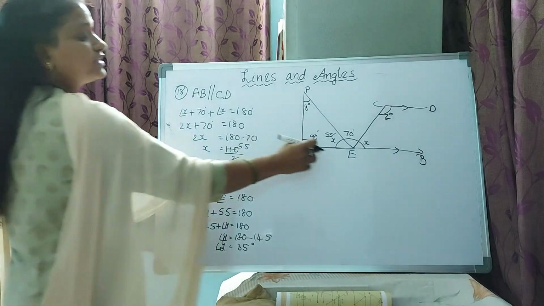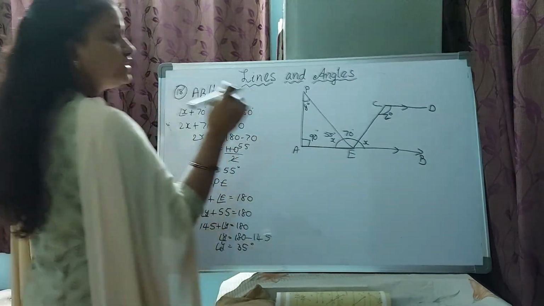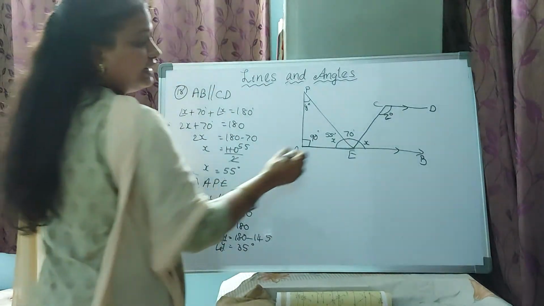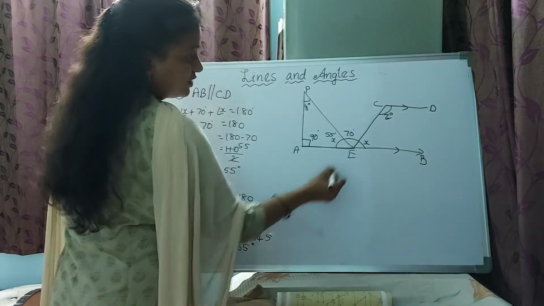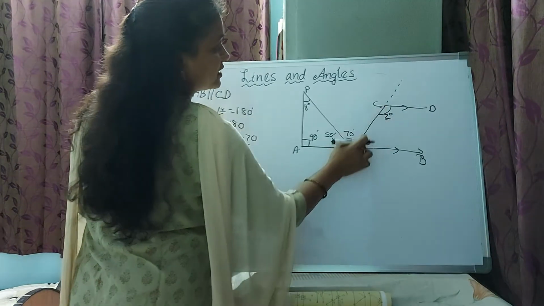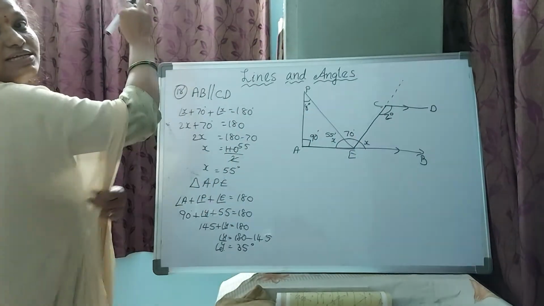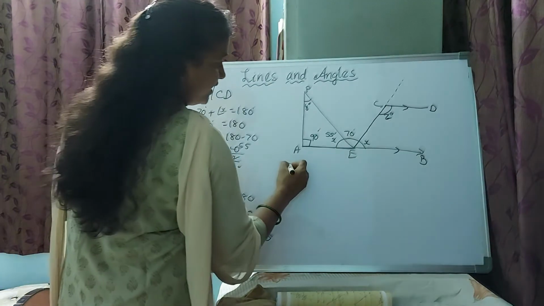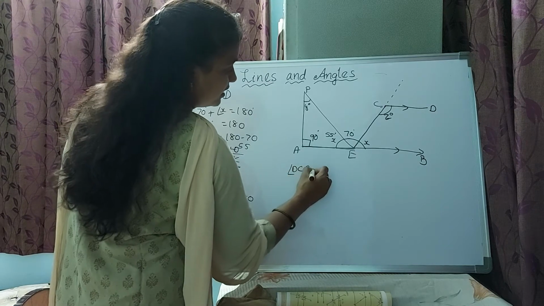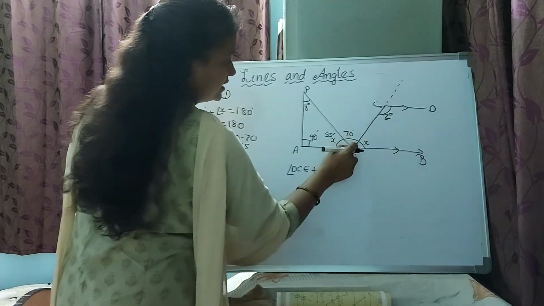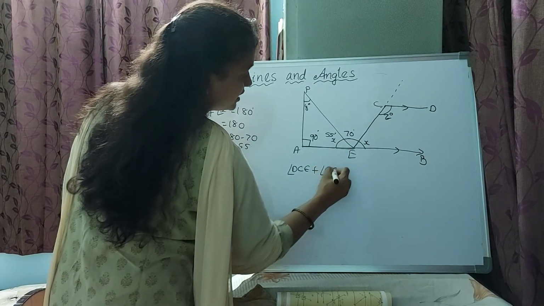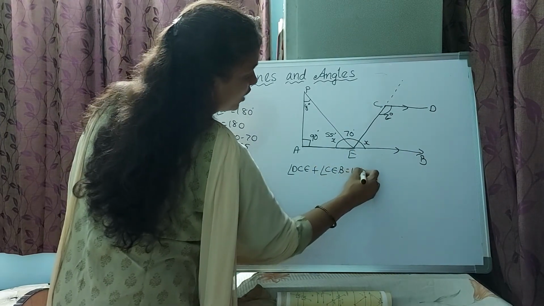We knew X, we knew Y. What about Z? AB is parallel to CD, and if you think this is a transversal, these two angles are on the same side of the transversal, which is 180. Angle DCE plus angle CEB is equal to 180.